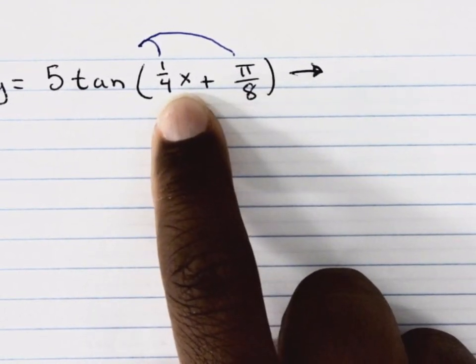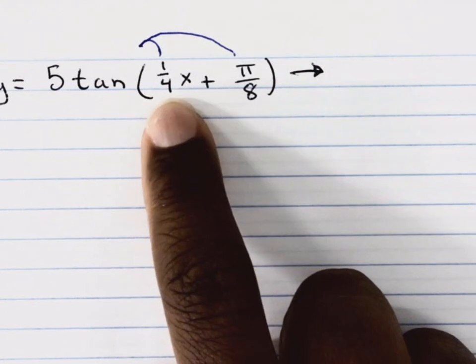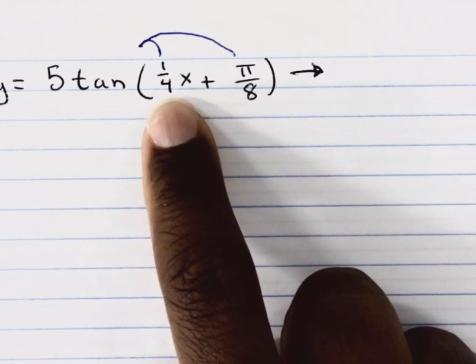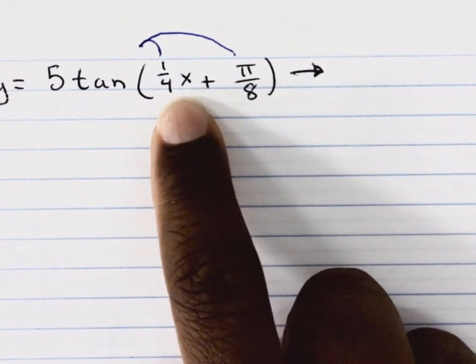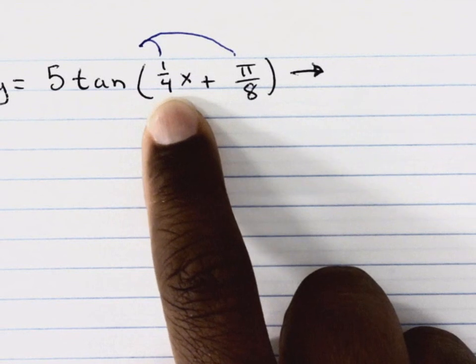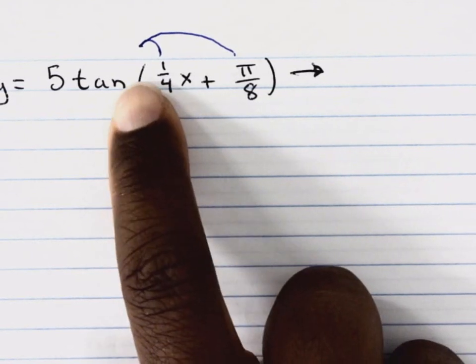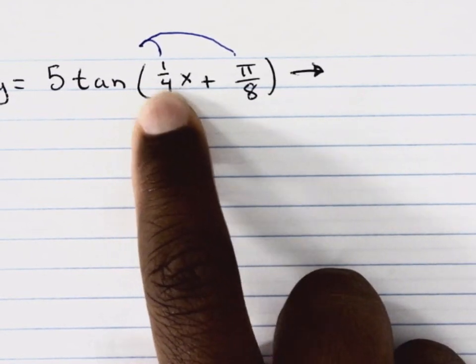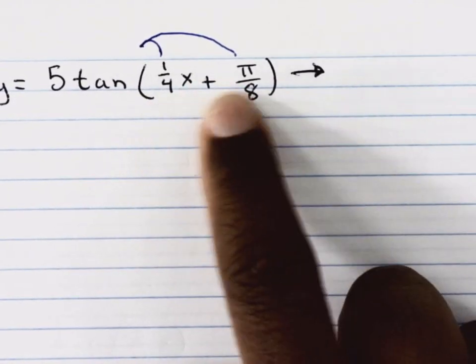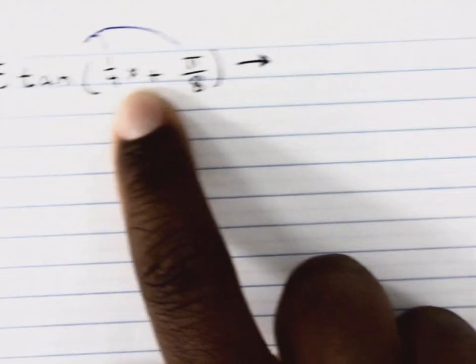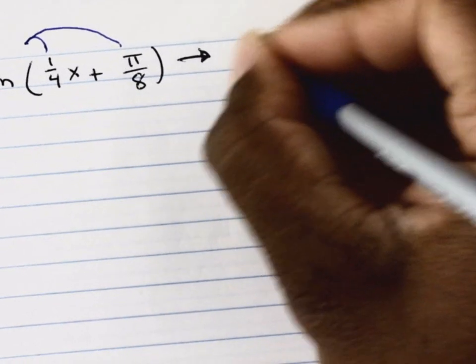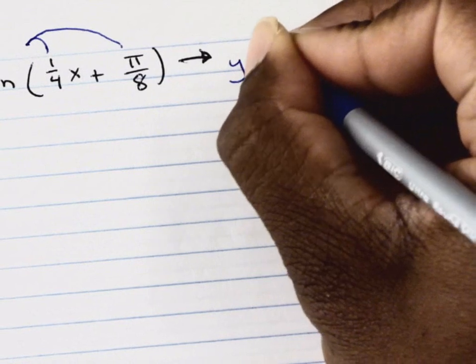So I basically do the opposite of 1 times 4 to each term. So instead of multiplying x by 1 over 4, I'll multiply it by 4 over 1, because 4 times 1/4 would cancel itself out. So I'll multiply both of these terms by 4 to see what my real phase shift is down the line.